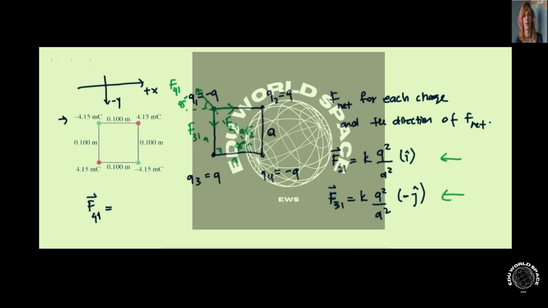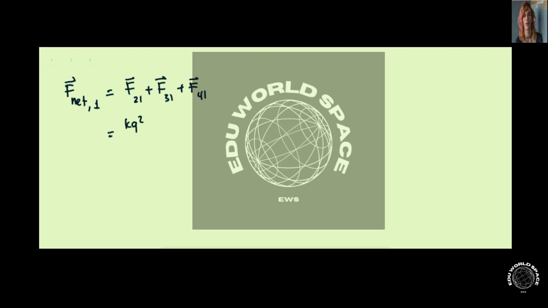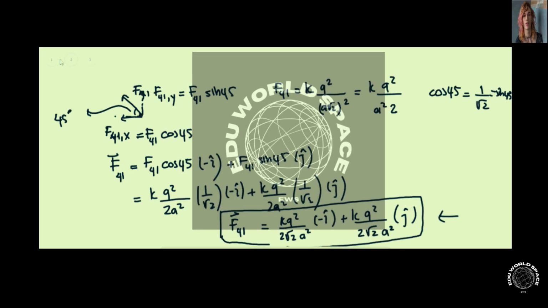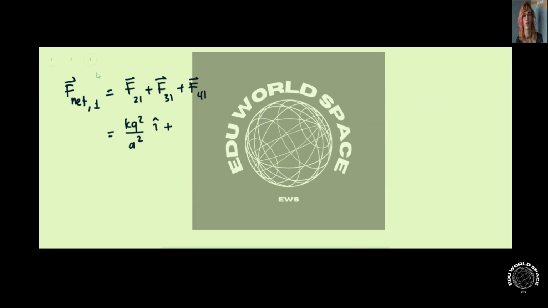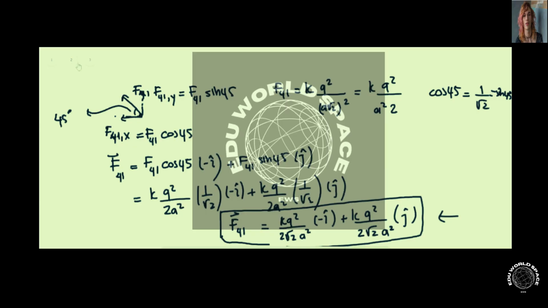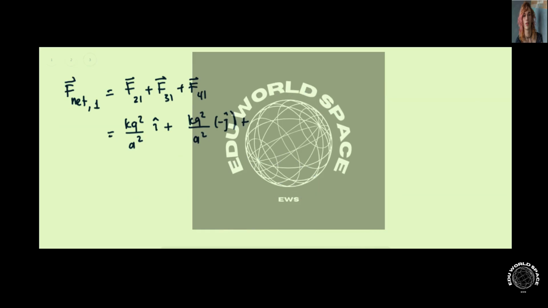Now remember, F21 was kq squared over a squared i hat, plus F31, which is kq squared over a squared negative j hat. And now we have F41 being kq squared over 2 square root of 2 a squared negative i hat.